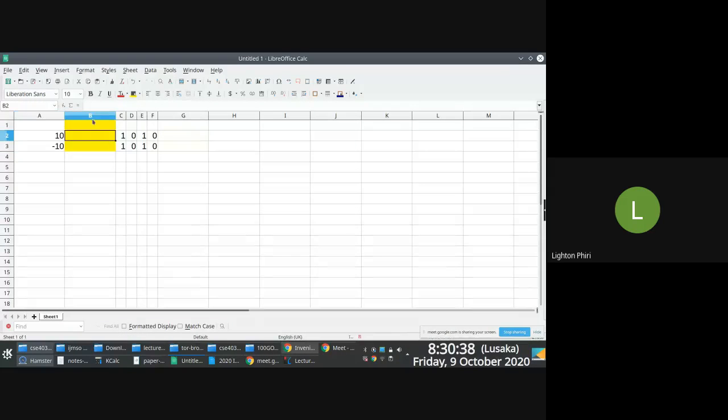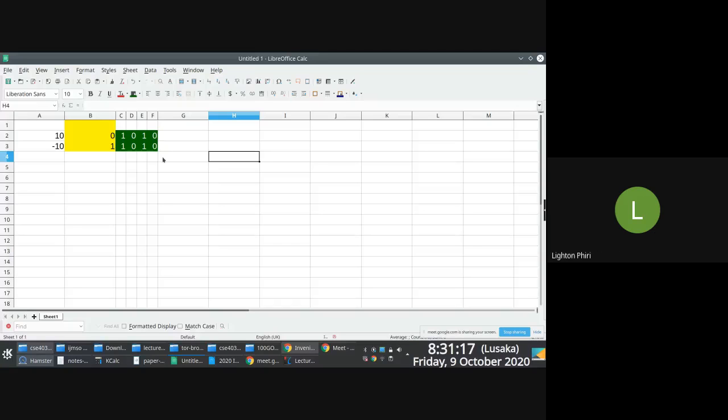The thing that's going to set them apart is the bit that tells us whether it's positive or negative. And conventionally, a 0 tells us that the number is positive, a 1 tells us that the number is negative, right? So this would be your +10, this would be your -10 using sign magnitude. So essentially, the leftmost bit or the most significant bit represents the sign, and the remaining bits represent the magnitude or the value of the number you're representing.